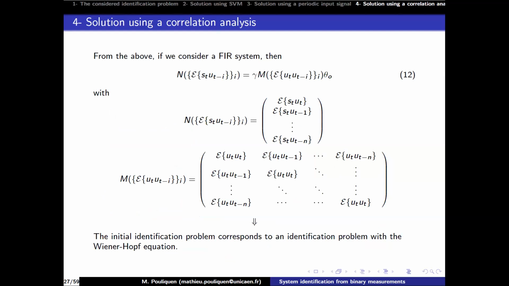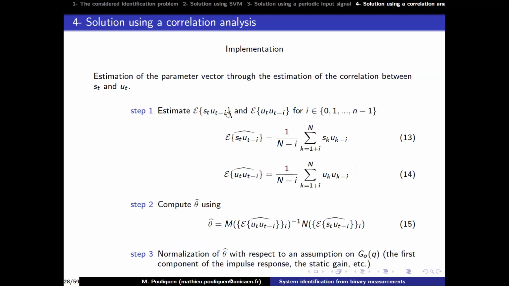On the left, the correlation between the binary output and the input. Here again, it's not difficult to compute it. And then finally, we have this implementation scheme. First step, we estimate the correlation.